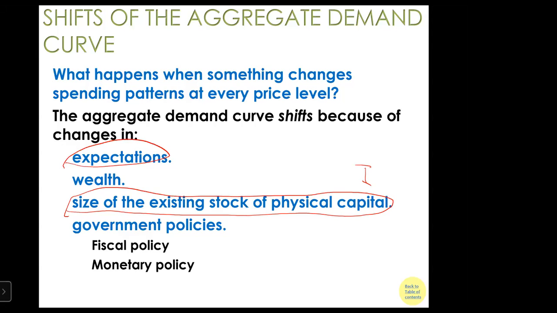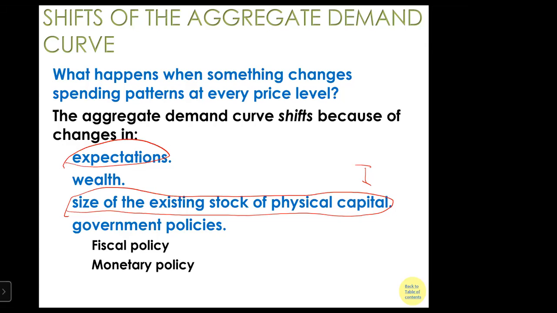Now, lastly but not the least, government policy can affect aggregate demand. Like I mentioned at the start of today's class, the government sent us a $1,400 stimulus check. That's a classical fiscal policy.